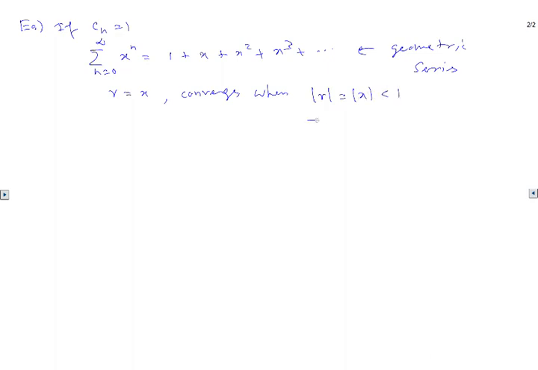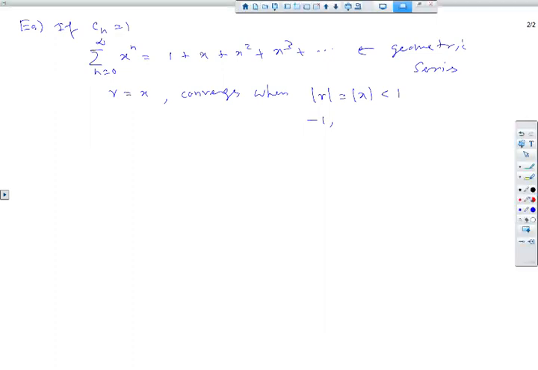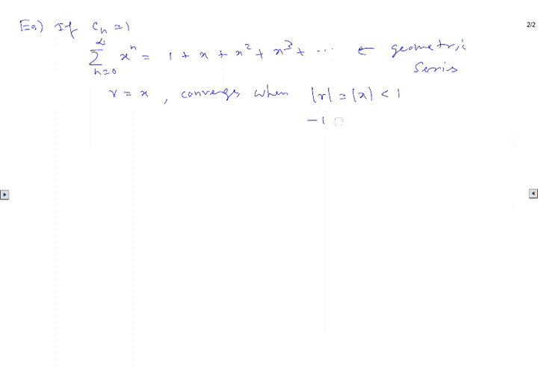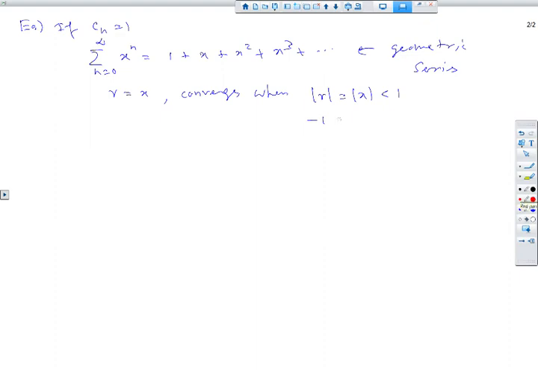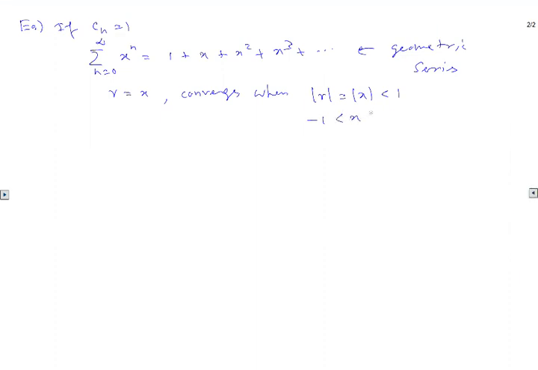That means the interval from -1 to 1, right? So that's the interval. On this interval, this is going to converge. We discussed this a lot of times. Between -1 and 1 is where it's going to converge, and outside it's going to diverge.